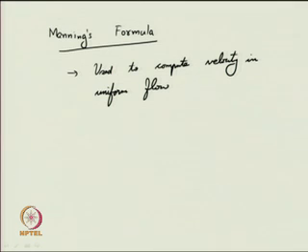This relationship was developed long back in 1889. The scientist Robert Manning, an Irish scientist, developed this relationship in 1889. He presented it in front of the Institution of Irish Engineers, some documents and some of his theories related to computation of velocity in channels.